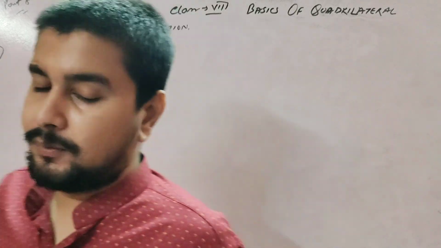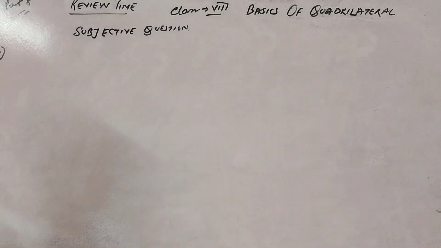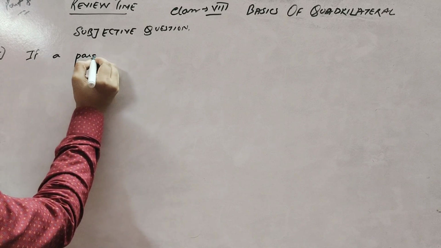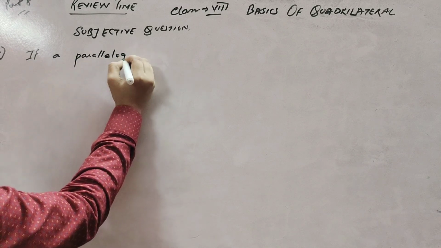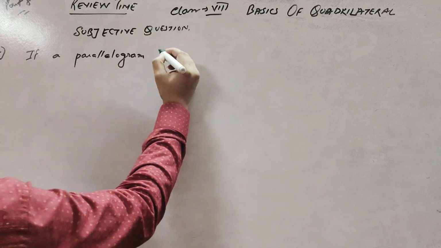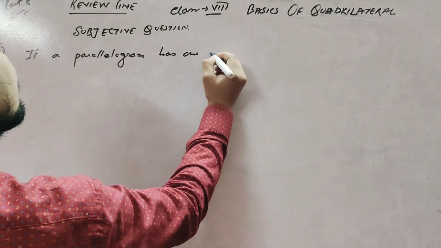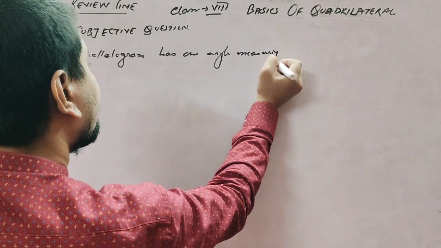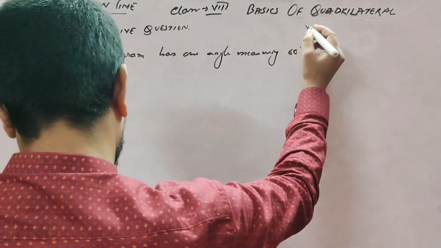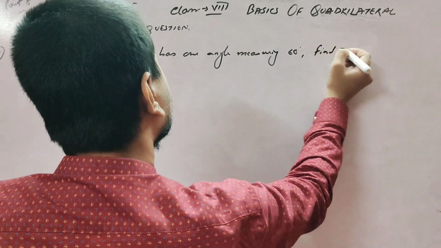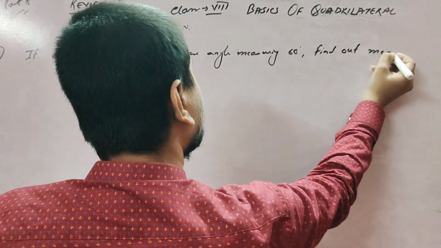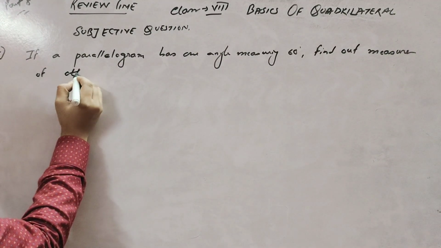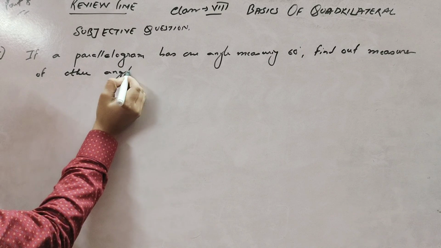Question number 2. If a parallelogram has one angle measuring 60 degrees, find out the measures of the other angles.